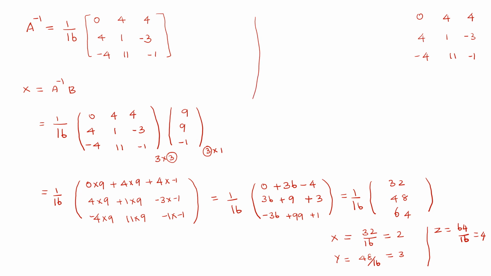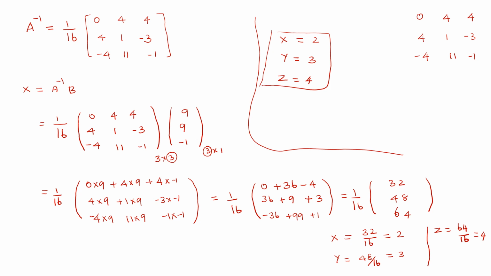Therefore, the solution of the given linear equation is x equals 2, y equals 3, and z equals 4. So this way you can find the solution of a linear equation by using the matrix inversion method.